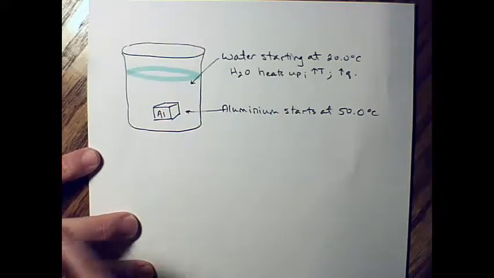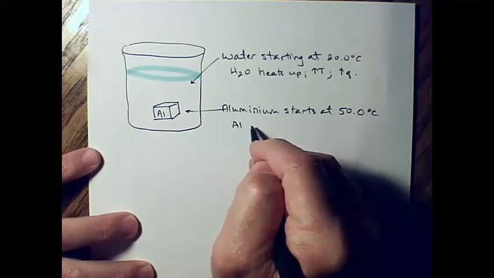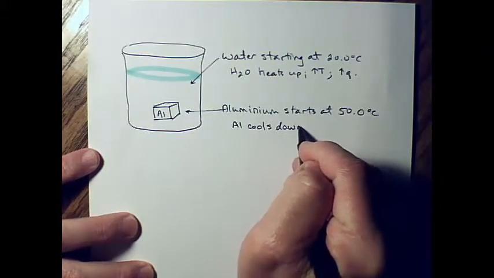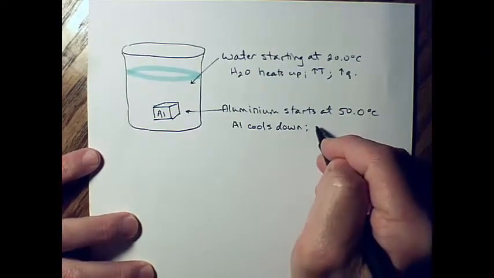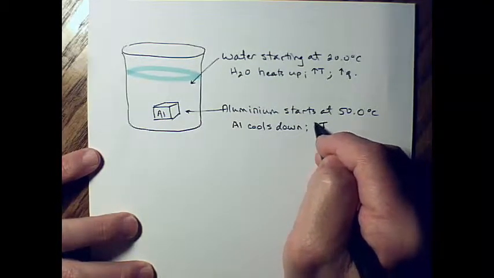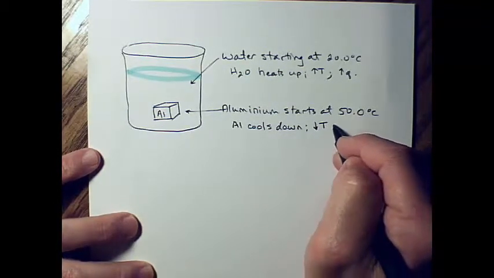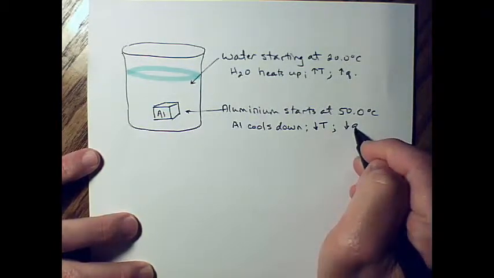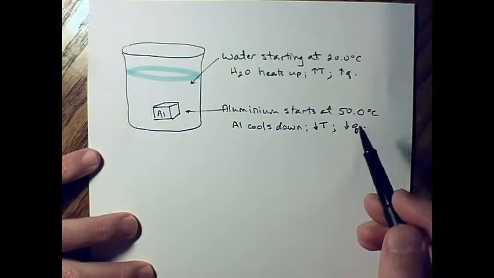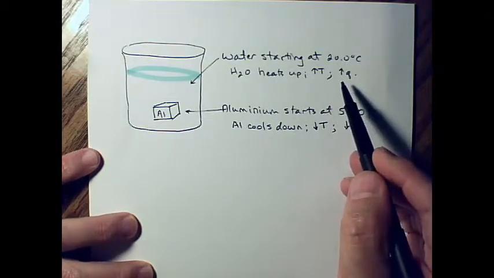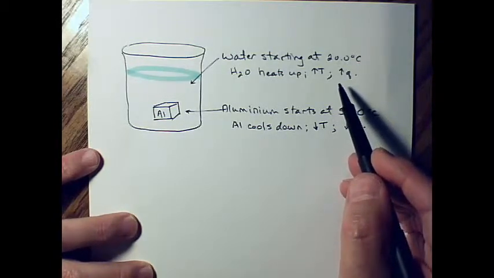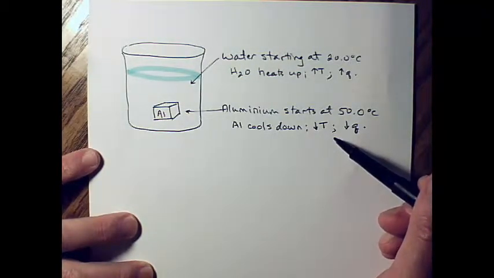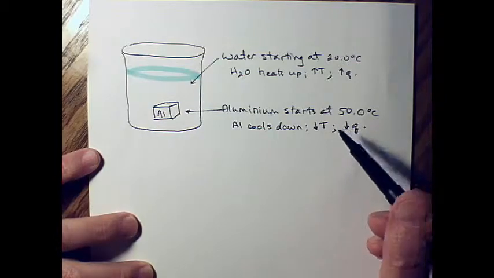Cool down. Okay? Aluminum, this is unit 10. Aluminum cools down. So the temperature of the aluminum, we assume, is going to go down. And that's because it's going to lose heat energy. Okay? So the water's heat energy is increasing because it's getting some of the heat energy from the aluminum until the temperatures are the same.